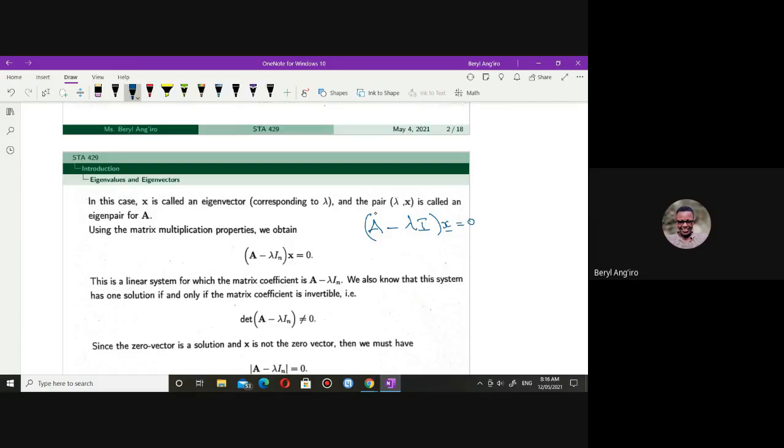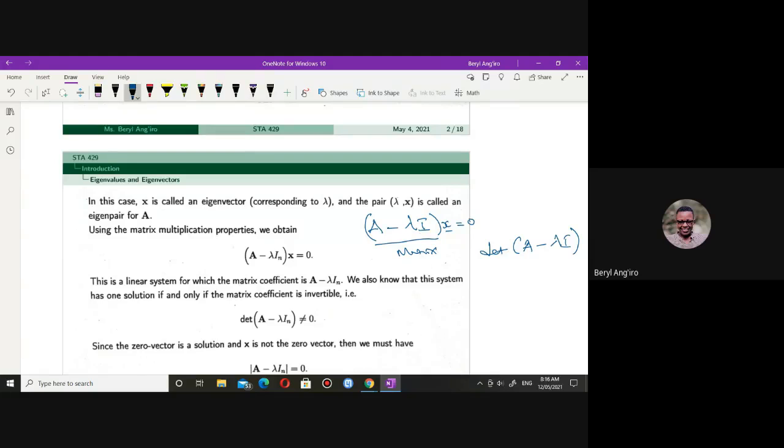So this equation is a linear system in matrix form, and we know that this system has only one solution if and only if the matrix is invertible. That is, if you can determine the determinant of this matrix, A minus lambda times the identity matrix.